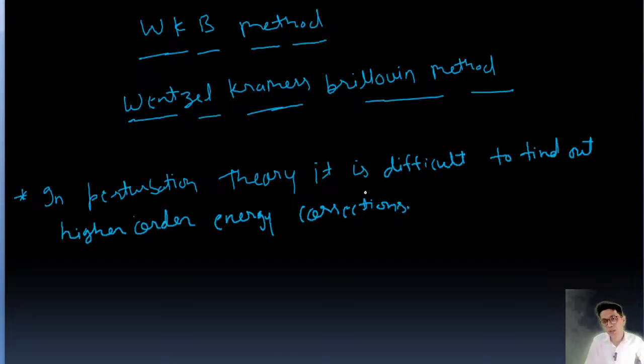In perturbation theory, it is difficult to find the higher order energy corrections, so the calculation is very difficult. And we have also studied the variational method.